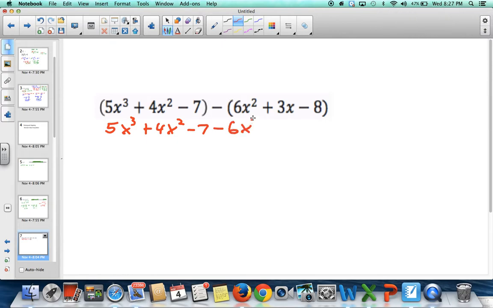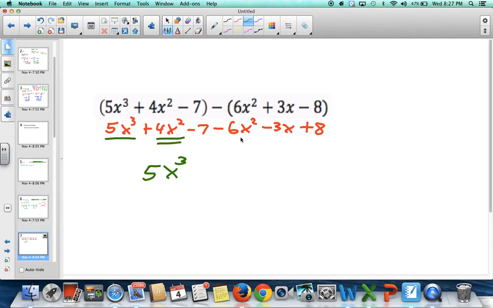Minus 6x to the second. Negative times the positive is minus 3x. Negative times a negative is plus 8. And now what I want to do is combine like terms. So I look at this and I say x to the third. That's an x to the third. There's no other x to the third, so I just write that down. x to the second.